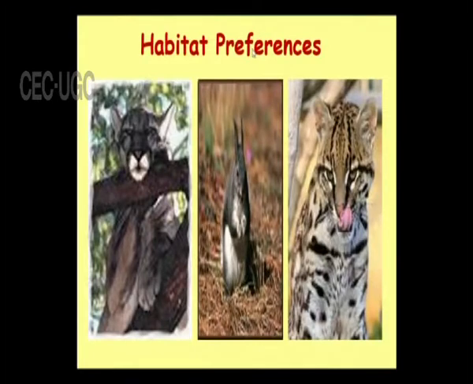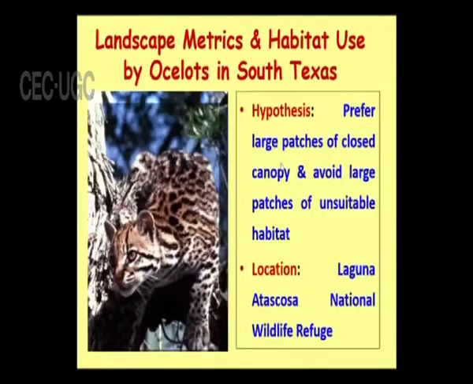Now, let us see one or two more examples. The habitat preferences. What are the preferences of the animals? Here some animals are there, and now let us take an example, particularly one animal. Here we are able to prove some hypothesis also. The hypothesis says that ocelots prefer large patches of closed canopy.